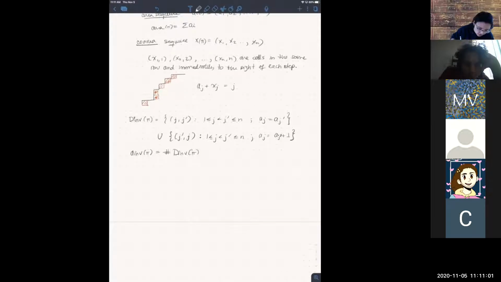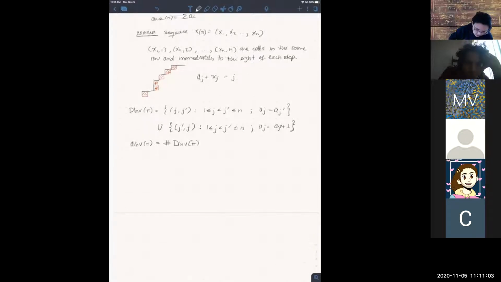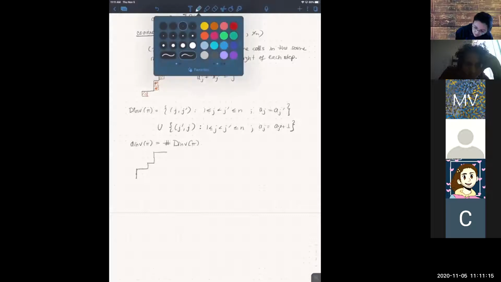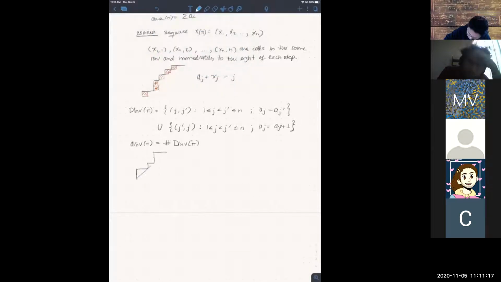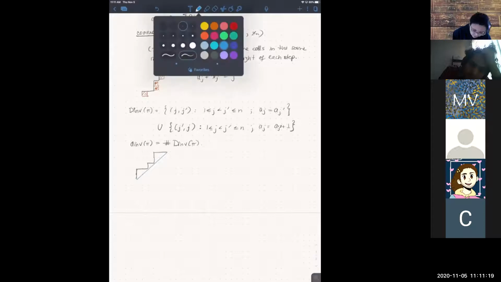So an example is if we do, let's say, 2 steps north, 2 steps east, 1 north, 1 east, 1, 2, and then 1, 2. Right, so this is our dig path.